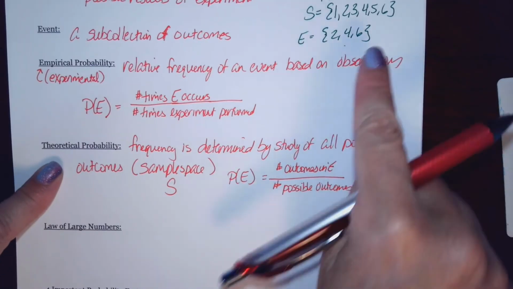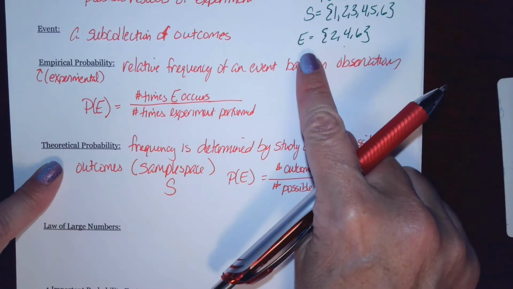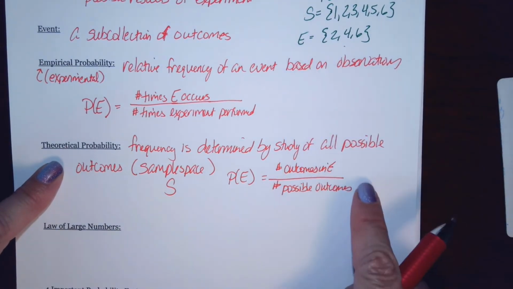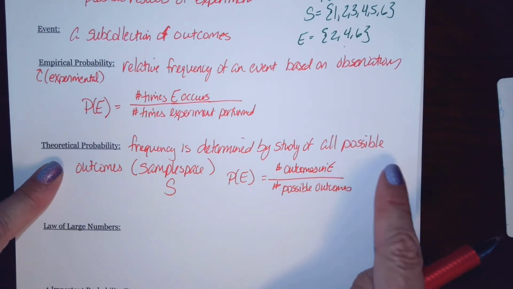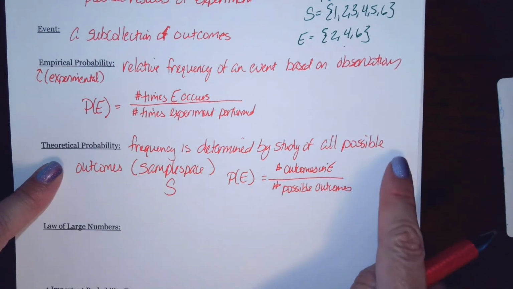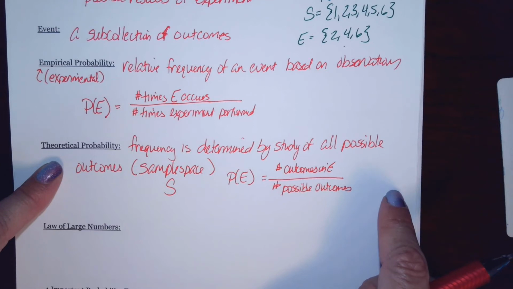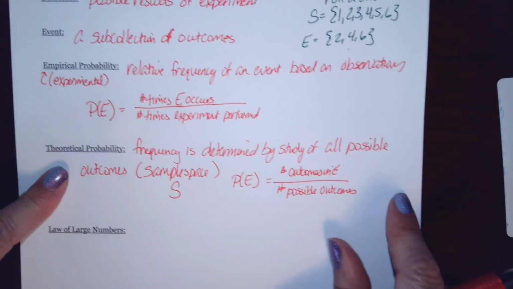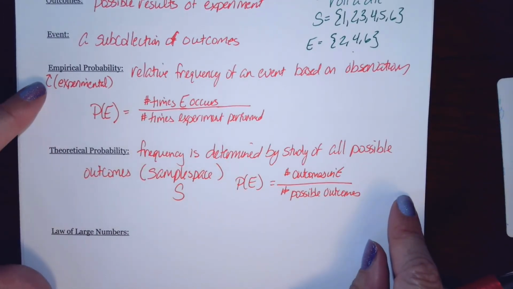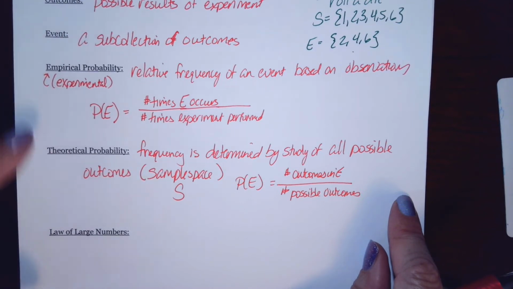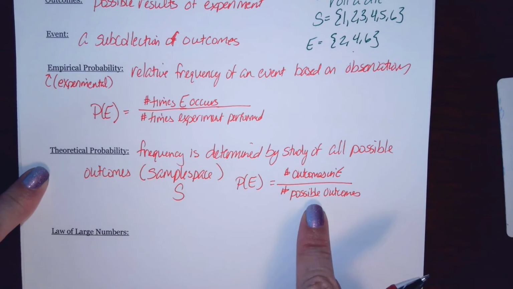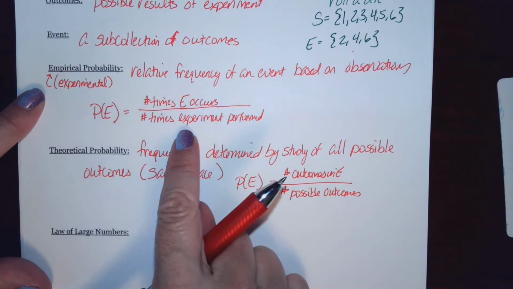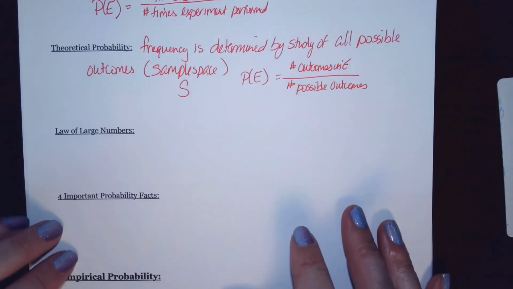So theoretically, if my event is rolling an even number, the probability of rolling an even number would be 3 out of 6, or 1 out of 2 if I simplify it. Theoretical and experimental or empirical probability are not always the same because one is based on all the ways things can happen and the other one is based on an experiment or a set of trials.